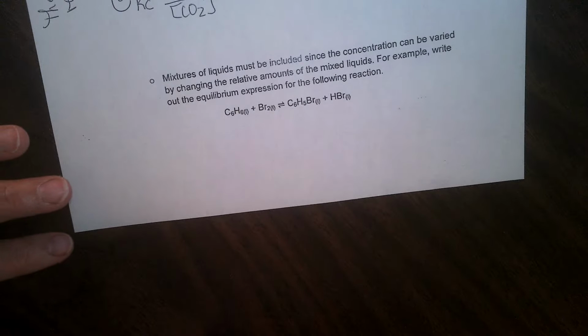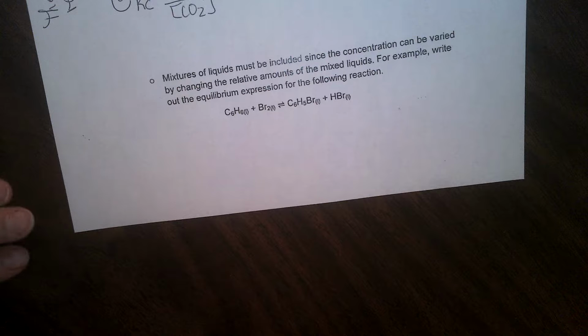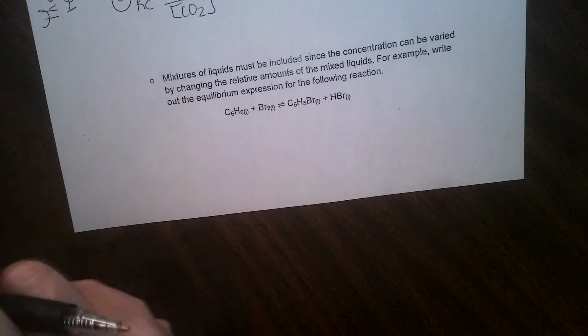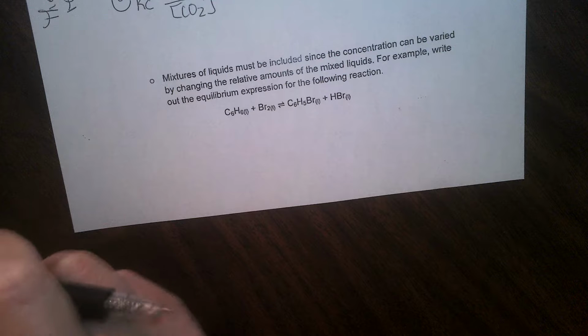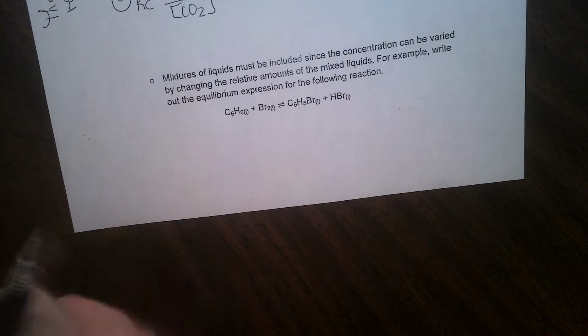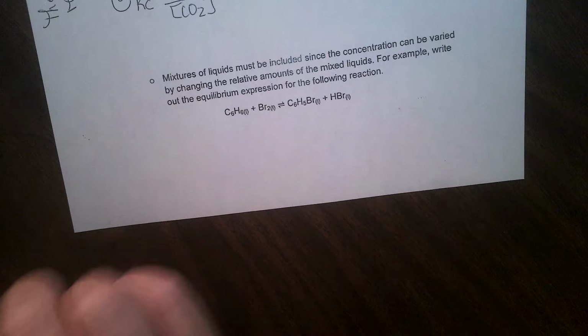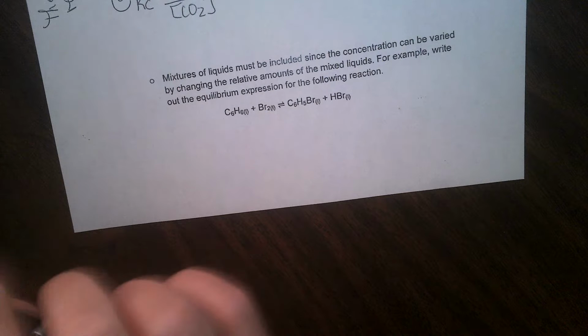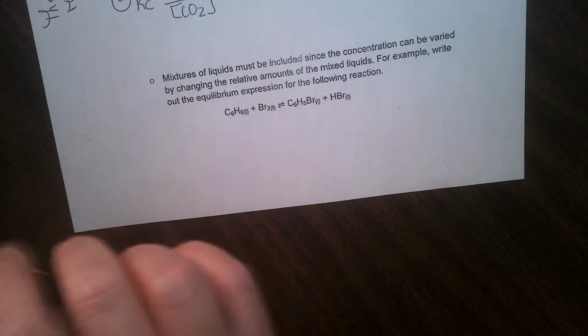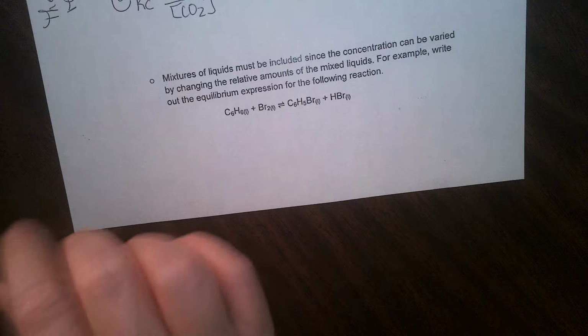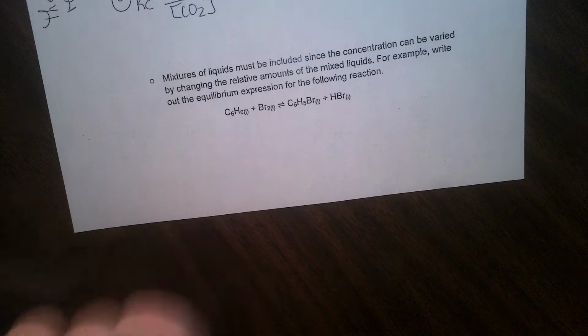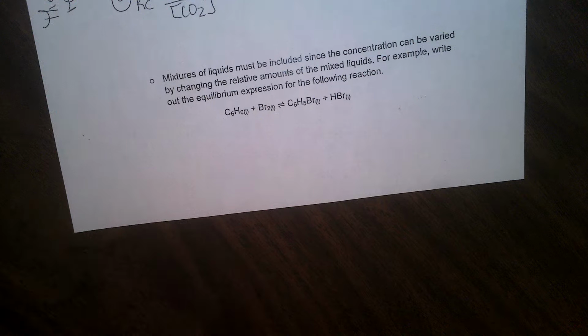Except for, exception to the rule, if they're all liquids. If they're all solids, then they're all solids. But if they're all liquids, then mixtures of liquids can be included since the concentration can be varied by changing the amounts of the mixed liquids. So if I had 10 mils of bromine and 10 mils of water, and then I get whatever product, if I change it to 7 mils or 12 mils, that's going to change the interaction.